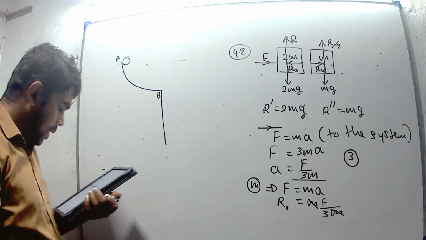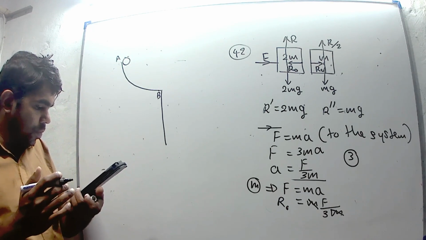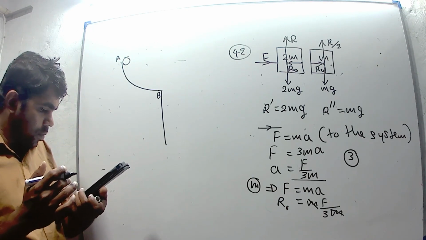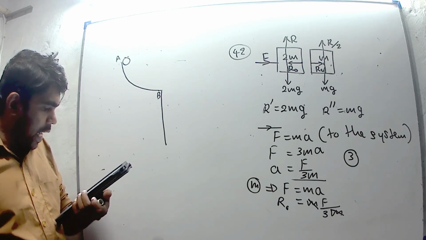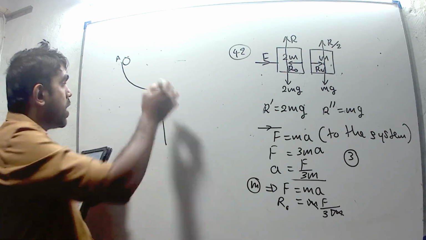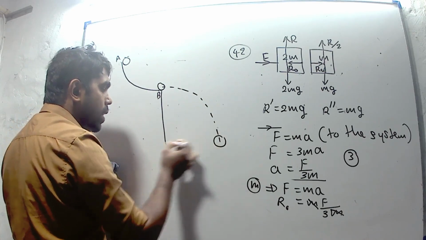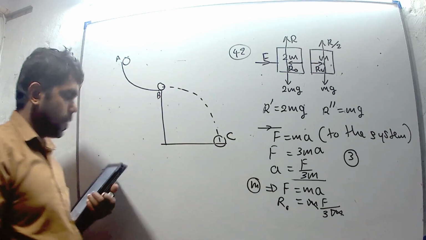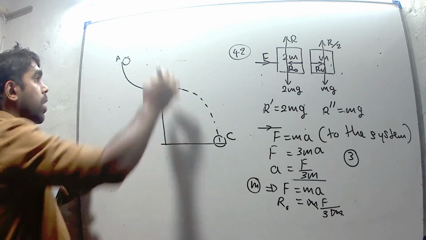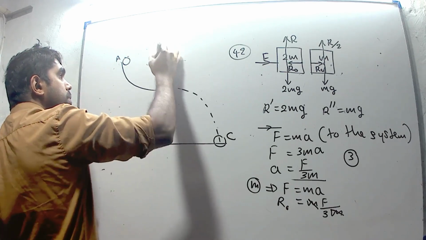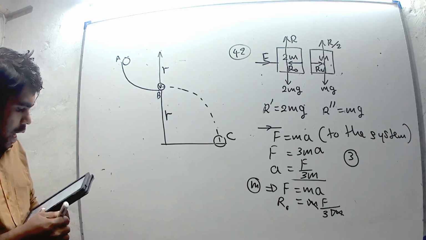They have given the time taken to travel by the sphere from A to B, TAB, and B to C. B to C means it should move along a path like this. C is this point. A, B, C. This height is R, this height also R, the radius of the arc.